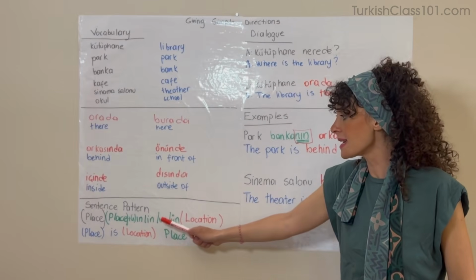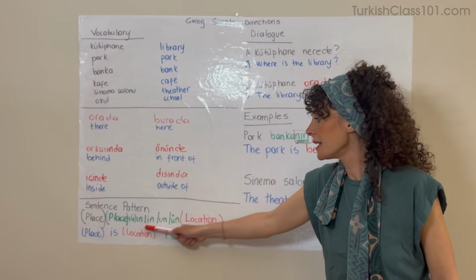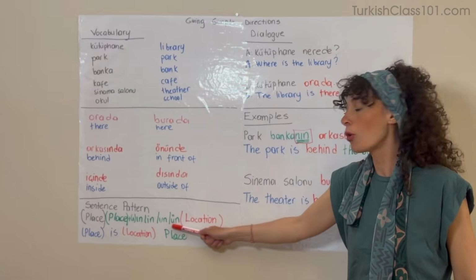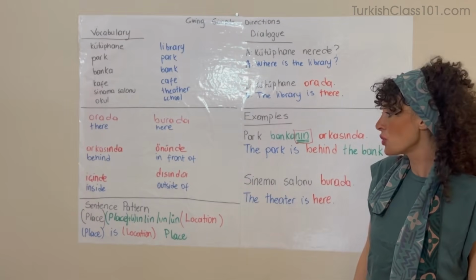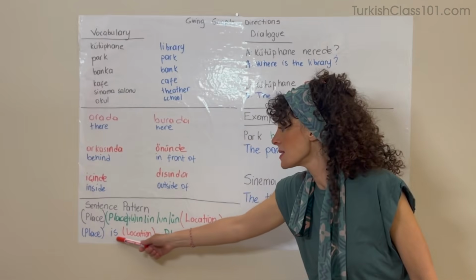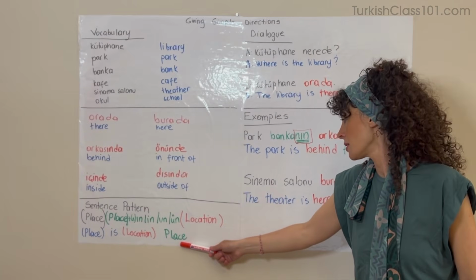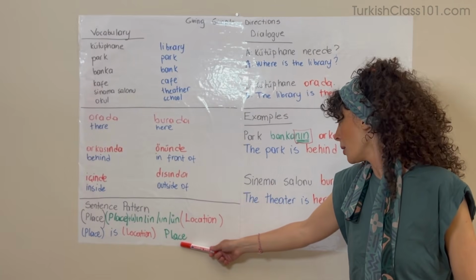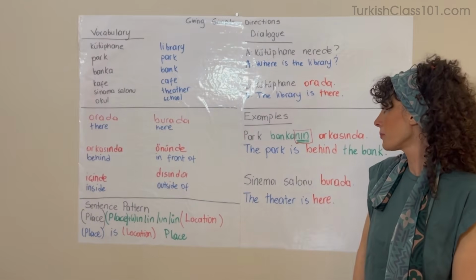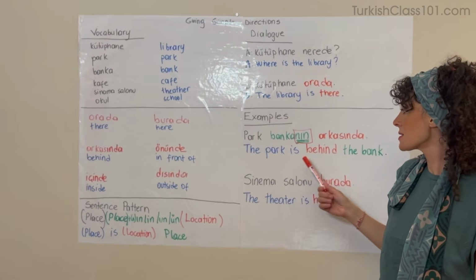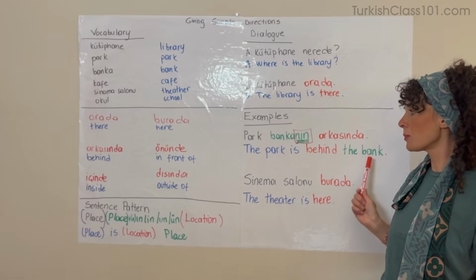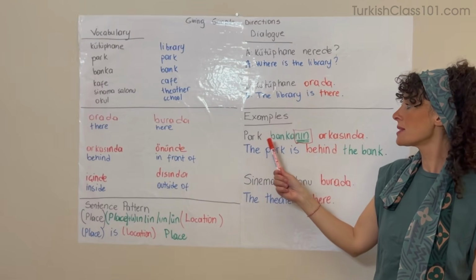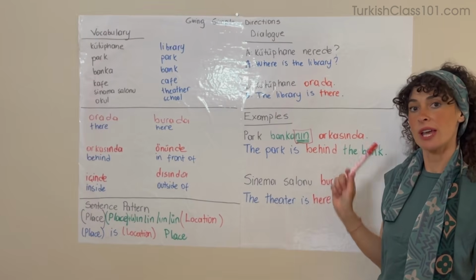And the suffix is in, un, or ün. Okay? And in English, you see, place is location and place. In Turkish, place with a suffix, location.